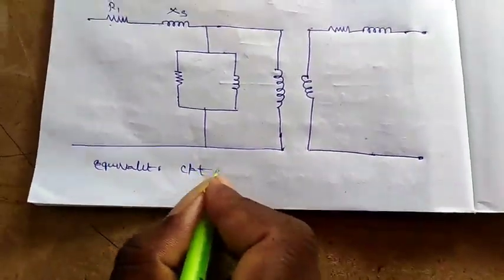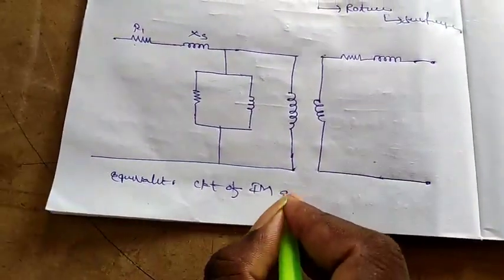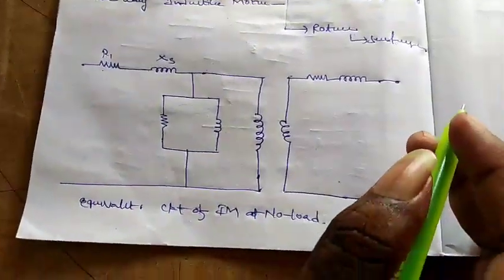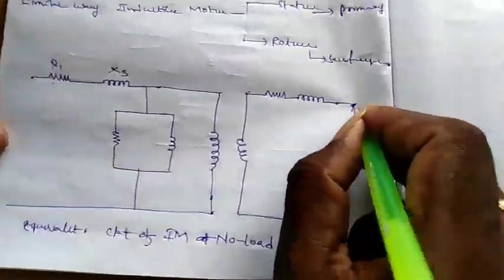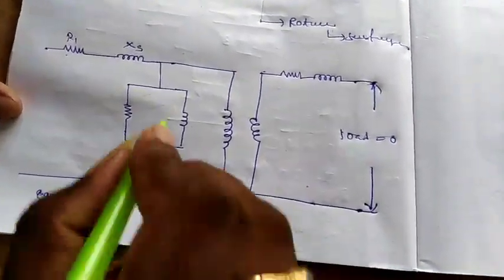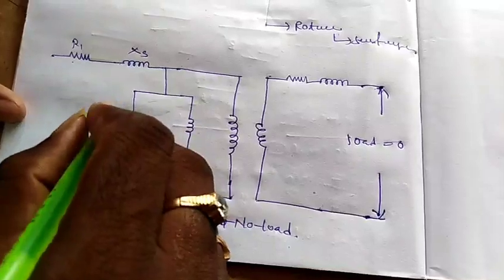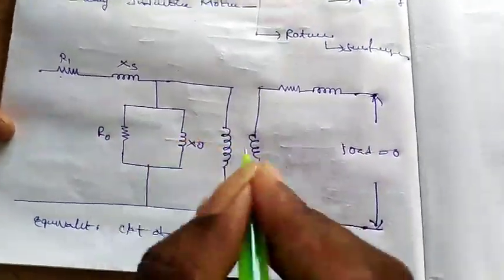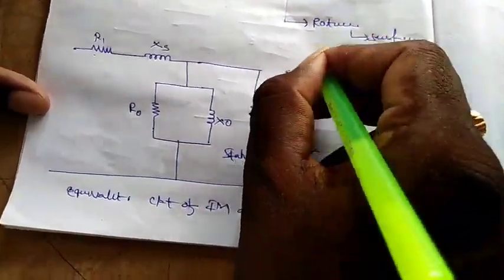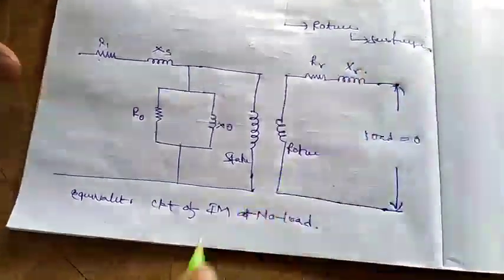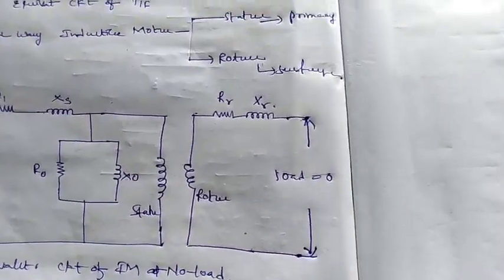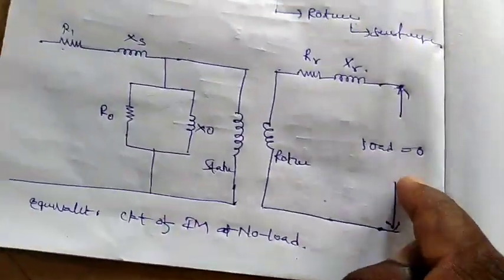Equivalent circuit of induction motor at no load. In what case? No load. That means here load is 0. So that indicates the shunt branch parameters R0, X0. This is stator. This one is rotor resistance, rotor reactance. Here the load is 0.